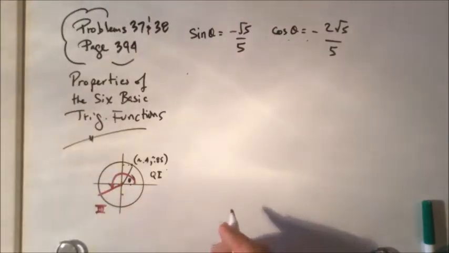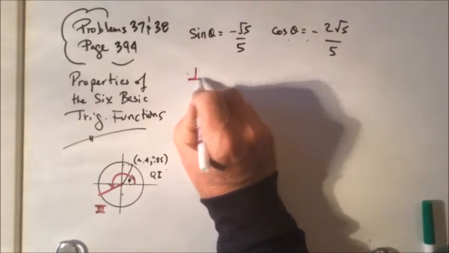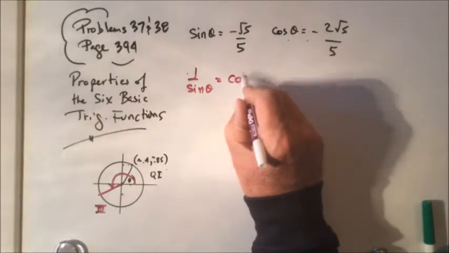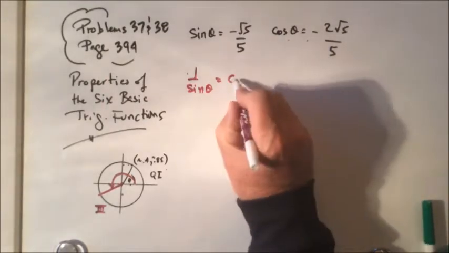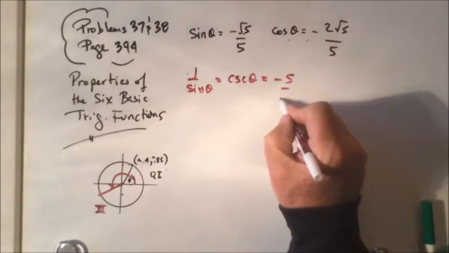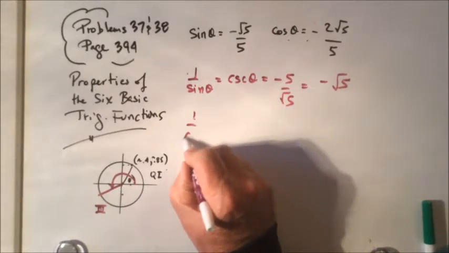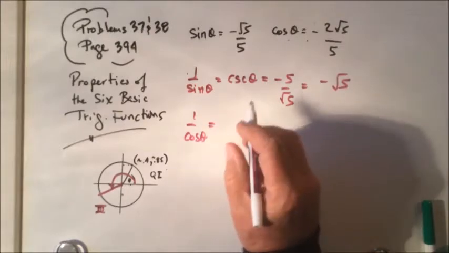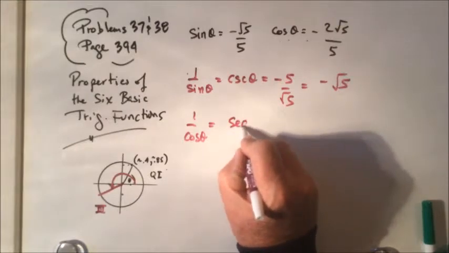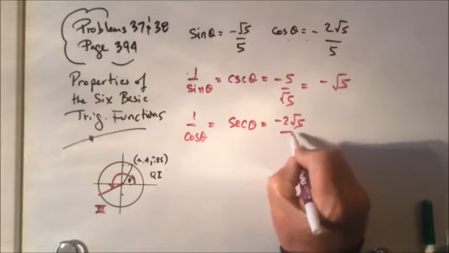Okay, keeping with that color theme, if indeed the sine is minus root 5 over 5, the cosecant, which is the reciprocal of the sine, is going to be minus 5 all over root 5, which is equal to minus root 5. The secant, which is the reciprocal of the cosine, is minus 2 root 5 all over 5.